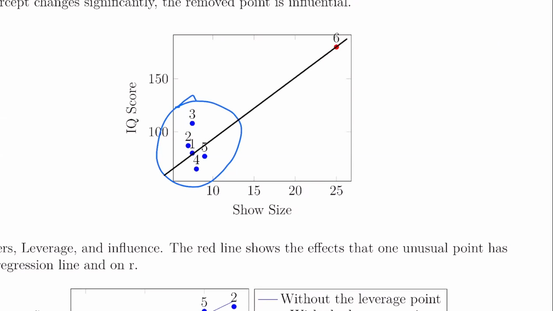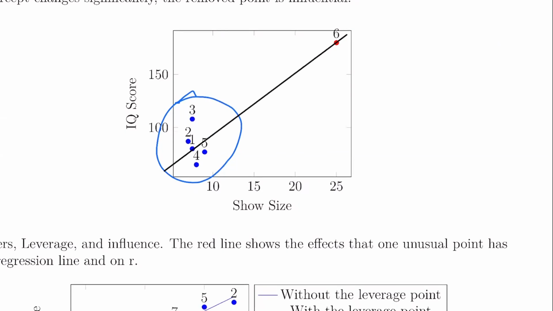So if you connect all of the blue dots with the red dot, now you're going to think you have a strong linear correlation, which isn't true because you only have one random dot there. That's one example of an influential point, when you have a bunch of points in one area and then one random data point far beyond the others.